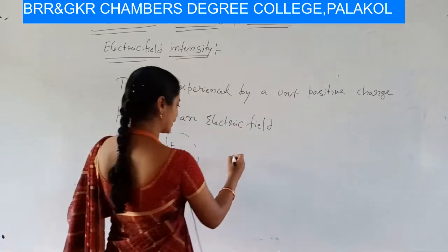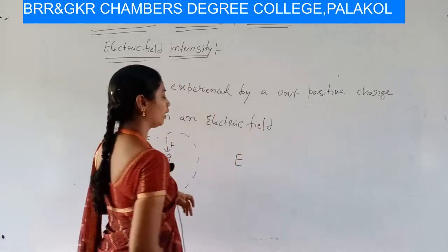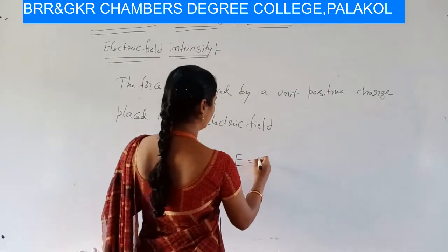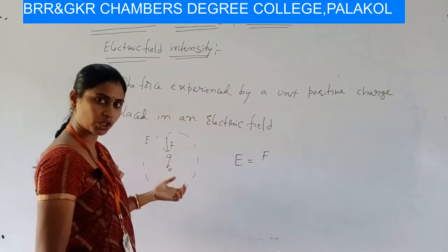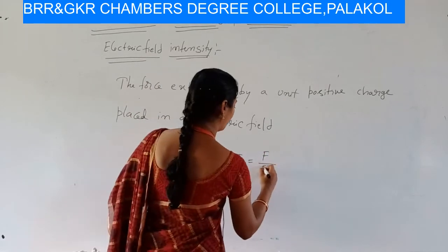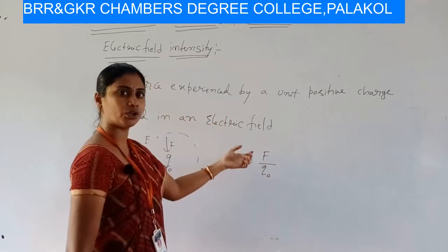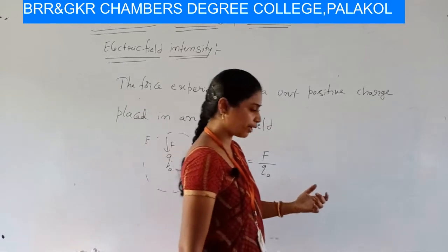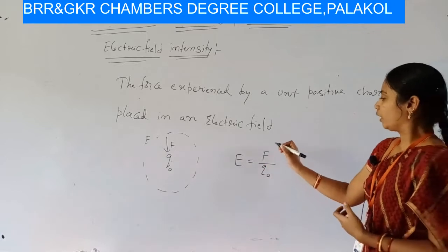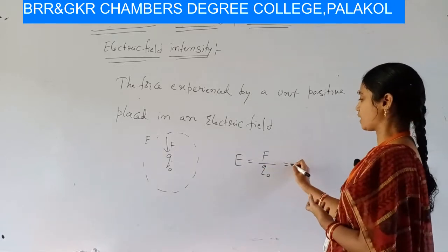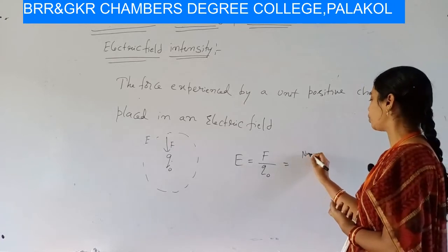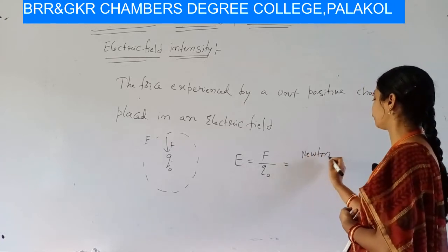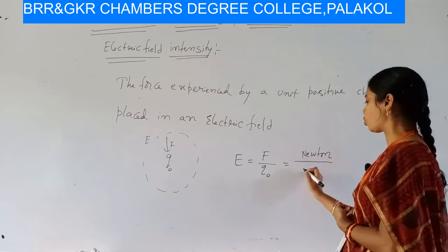The electric field intensity is indicated with a letter E. Then we can write E equal to the force experienced by this test charge divided by Q0, so E equal to F by Q0. The units for force in SI system is Newton, and charge is Coulomb.